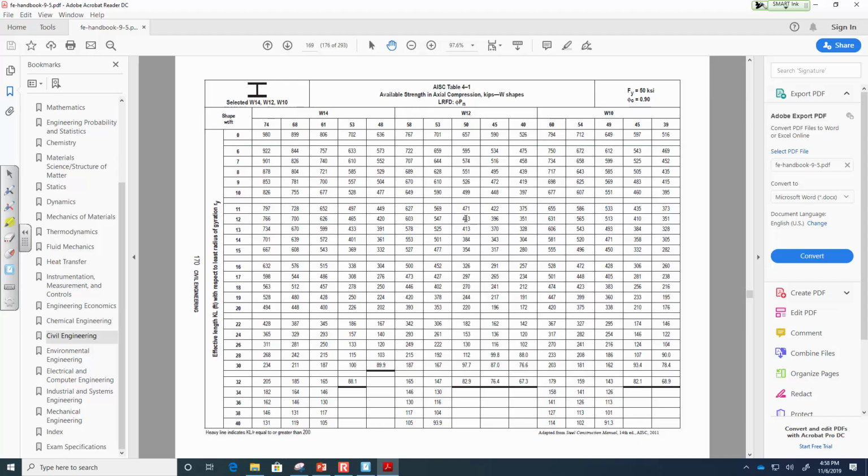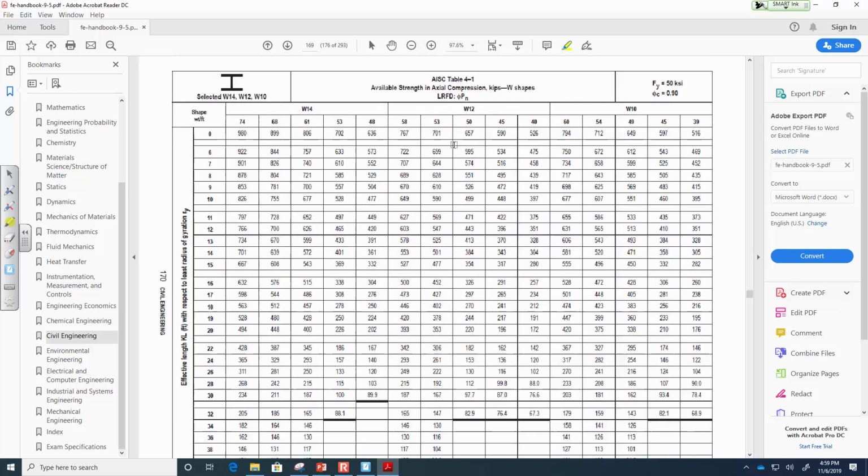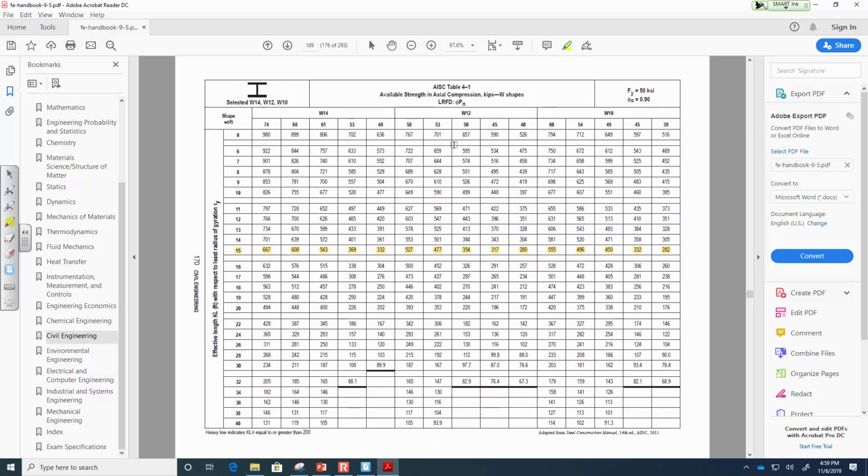So, remember over here on the left, the effective length with respect to the least radius of gyration. So our KL was what, 15 feet? Yeah. So what we're going to do is go off of that row, right? So the KL is 15 feet. And then we're going to start looking for shapes that have an axial capacity of what? 470.